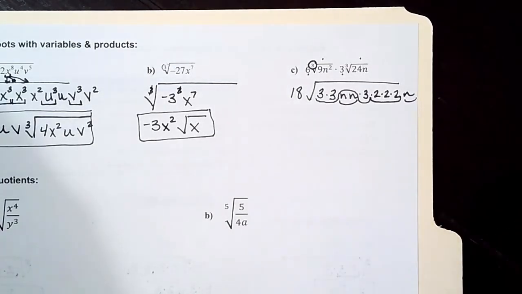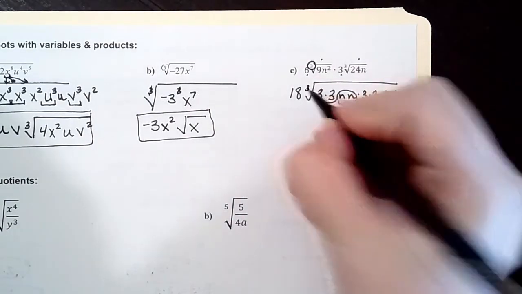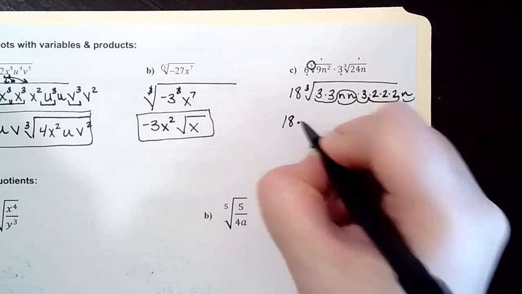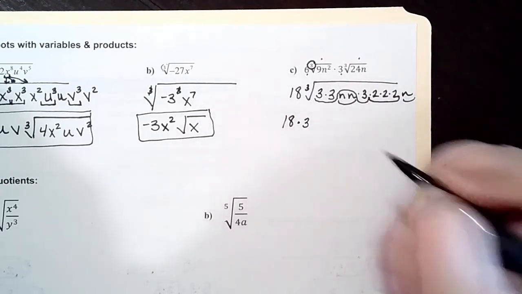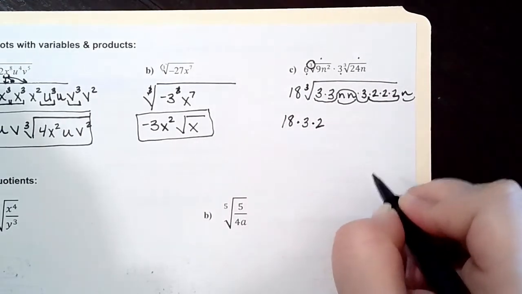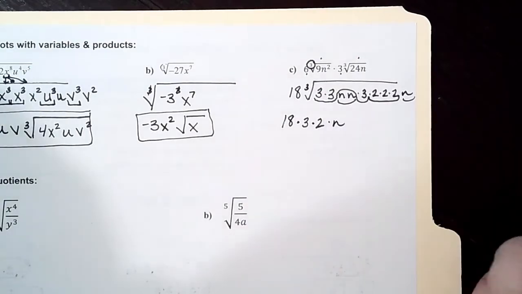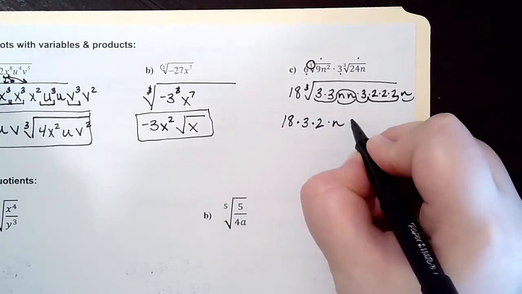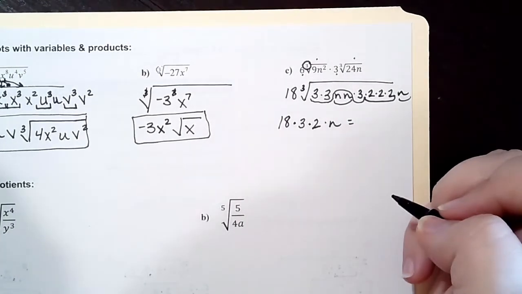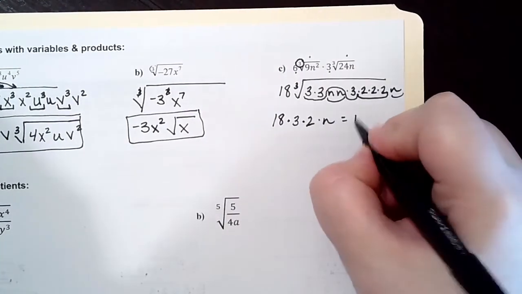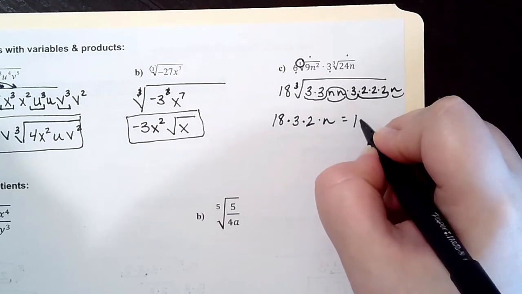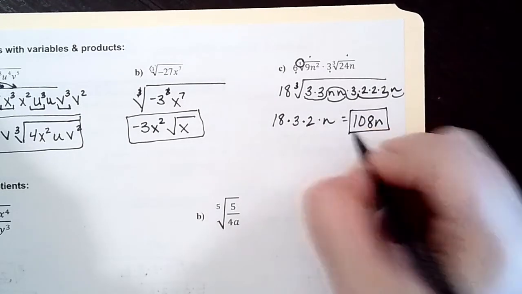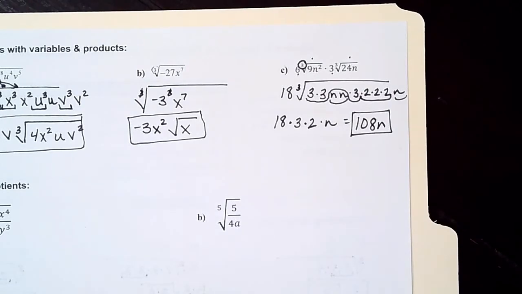That takes care of everything in my cube root, so I'm going to bring those out to the front. 18 times, we talked about the threes, the set of twos, and the n. And if there's nothing left over in the radical, I don't need to add it. Let's simplify that one step further. 18 times 3 times 2 times n is the same thing as 108n. And that's my answer for that one.